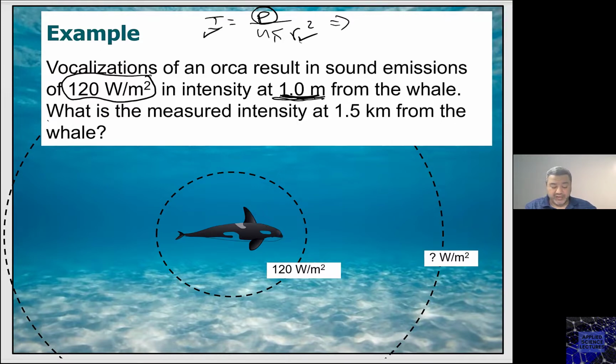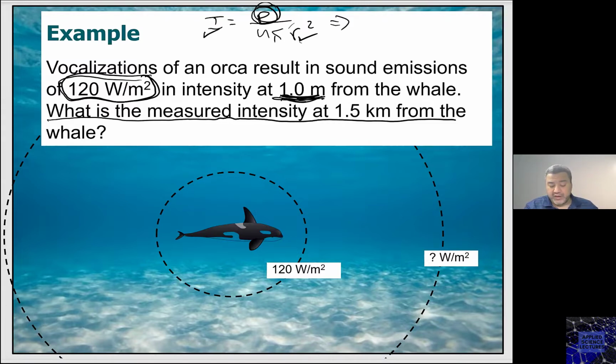Now the question is asking to find the measured intensity at 1.5 kilometers from the whale. If R is changing, then I will be changing as well. However, the generated power will be constant. So I can make use of the intensity given to me at this specific distance to calculate the power. The power is going to be the same for both cases.